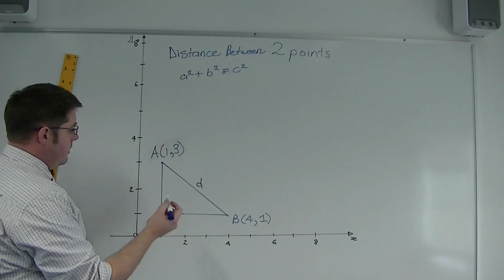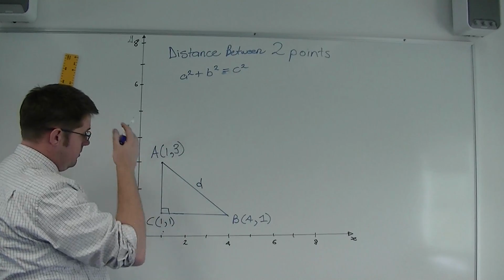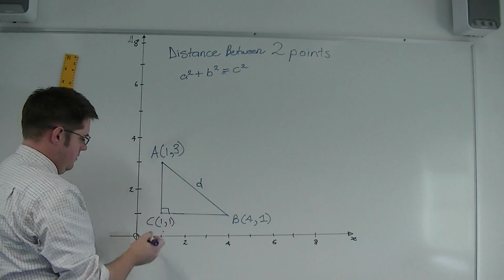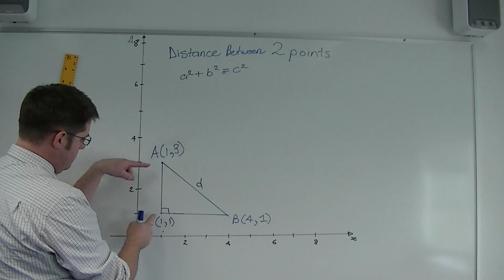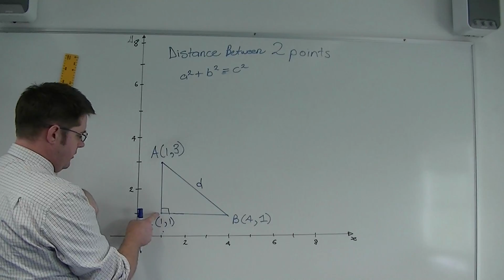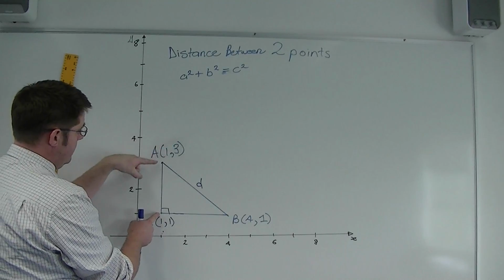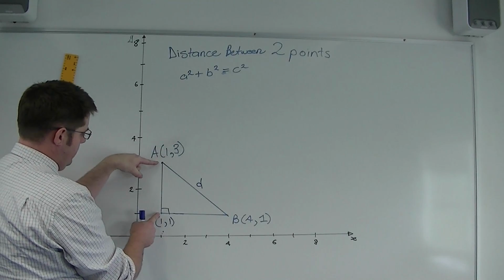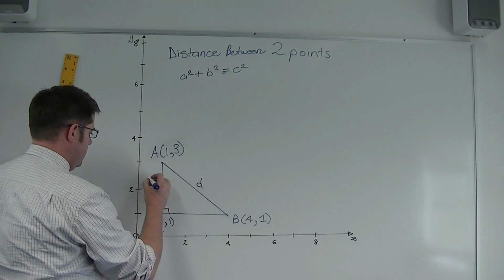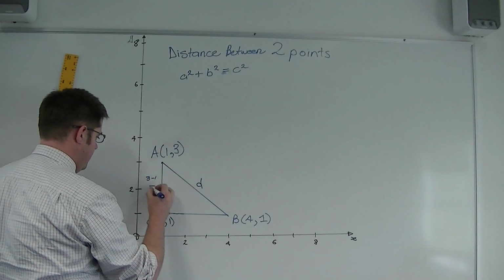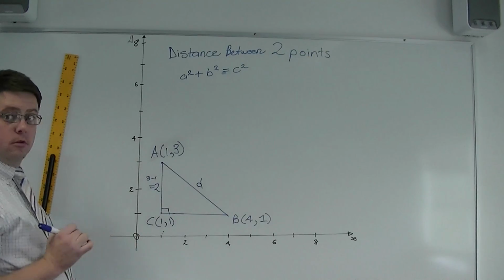The thing is, we need to find out, well, what is this length here? The y value for this coordinate is 1, the y value of the coordinate for this is 3. So I can say that that distance is 3 minus 1, and it's 2 units long.